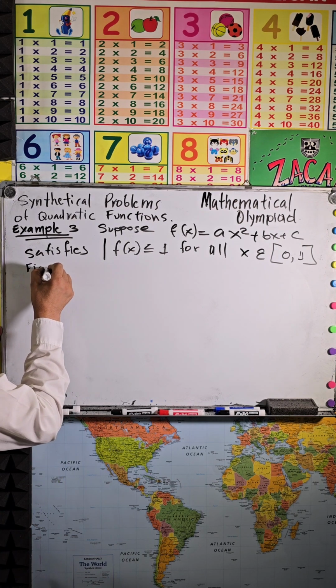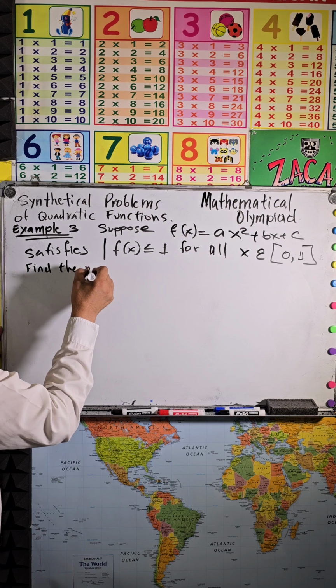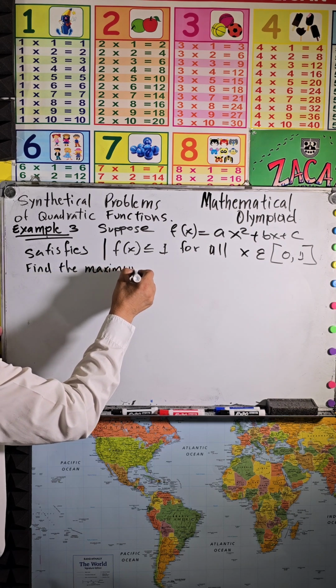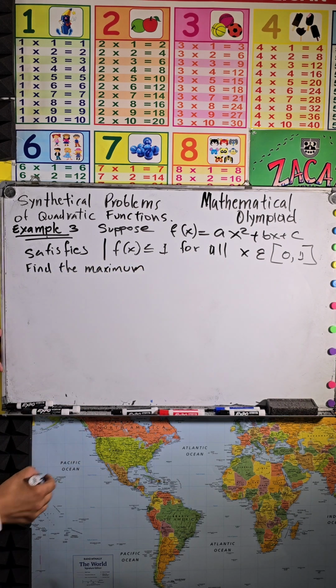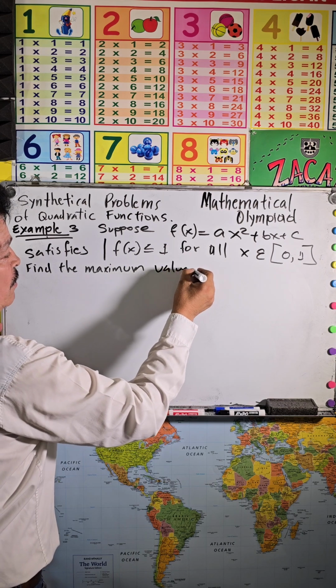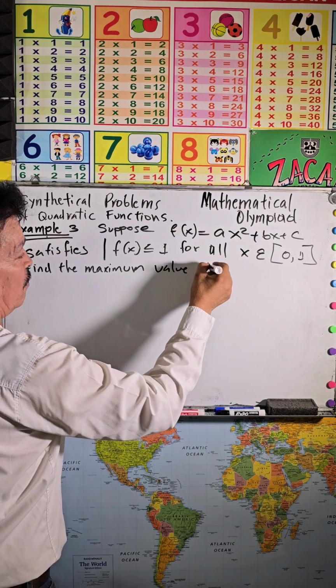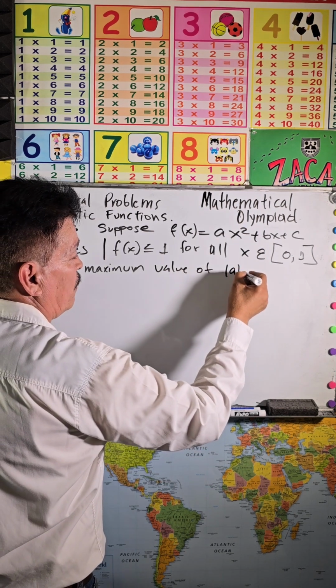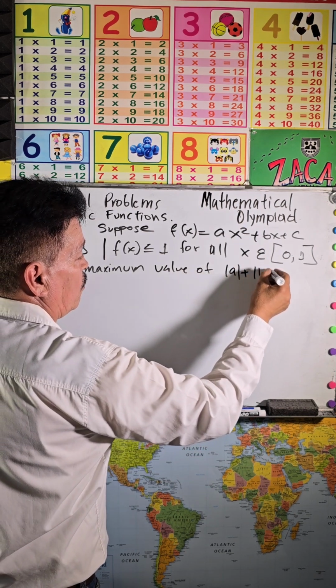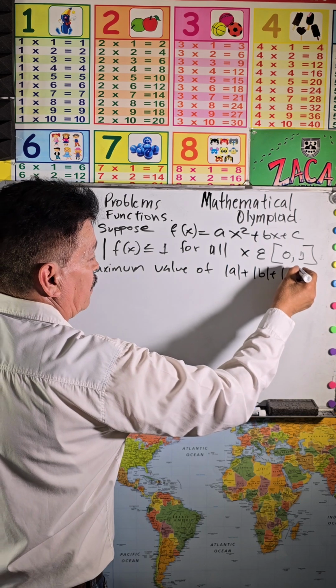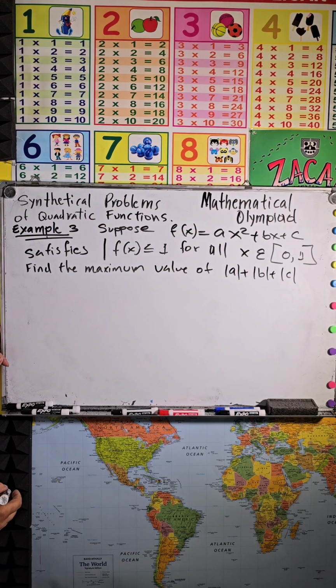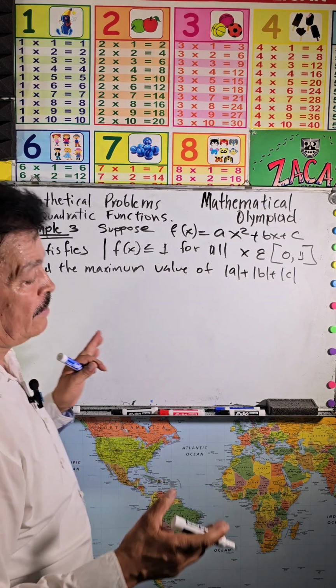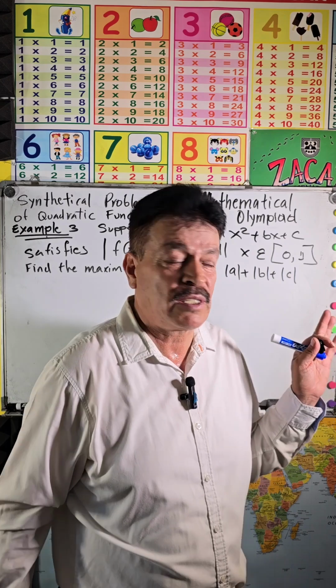We have to find the maximum value of the absolute value of A plus the absolute value of B plus the absolute value of C. Yes, we have to connect it with example number 2.